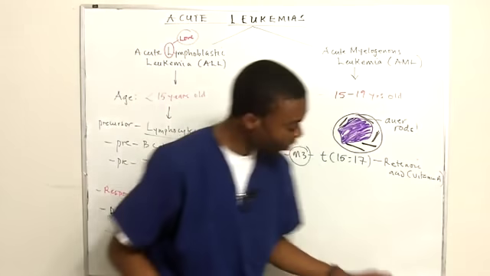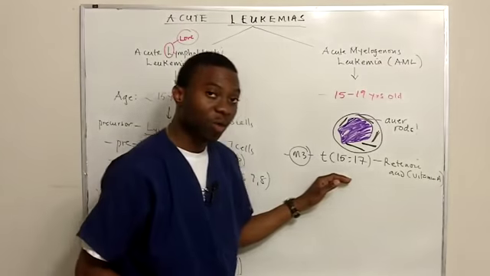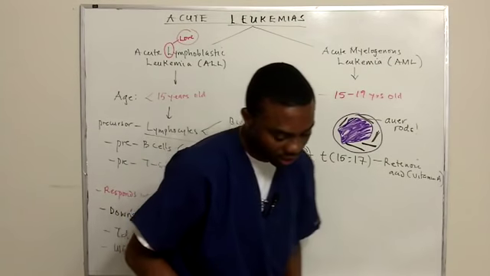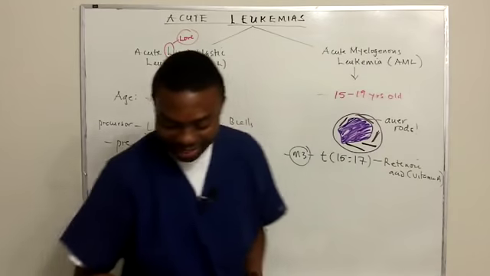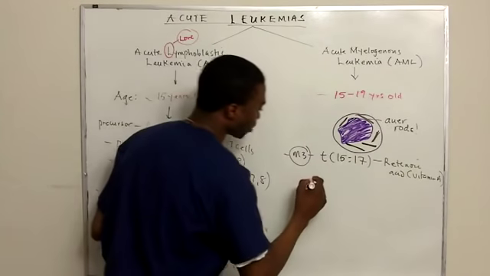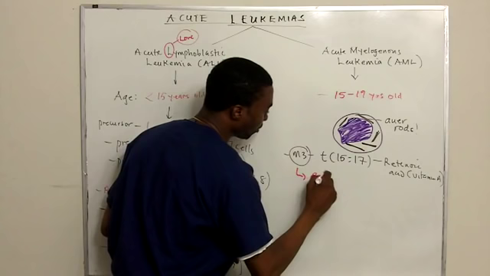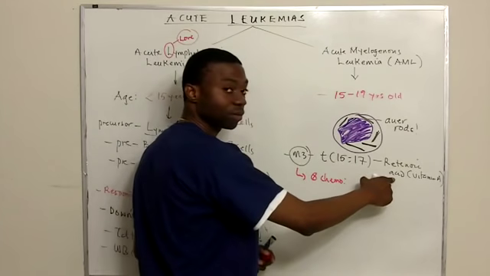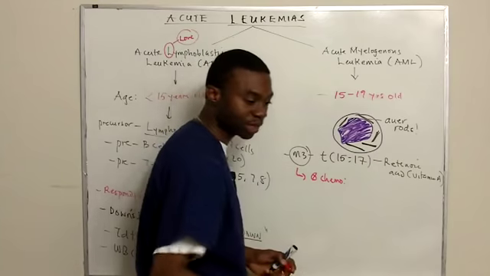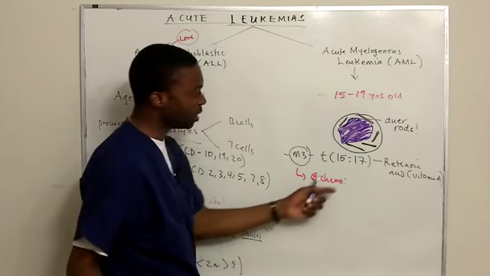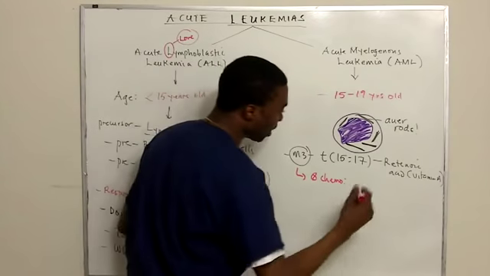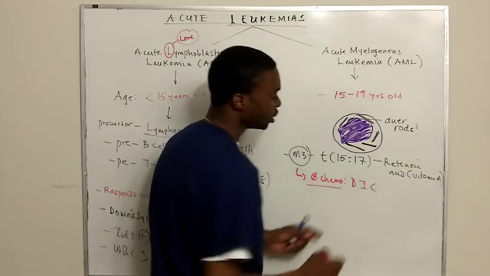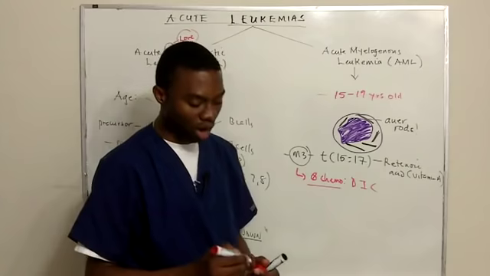So also remember that we cannot blast these patients with chemotherapy, because if we do, they're going to develop DIC. So be careful. No chemotherapy if a patient has M3 form, because we can just give them vitamin A and basically convert the immature cells to mature ones. But if you do chemo, the patients are going to develop disseminated intravascular coagulopathy.